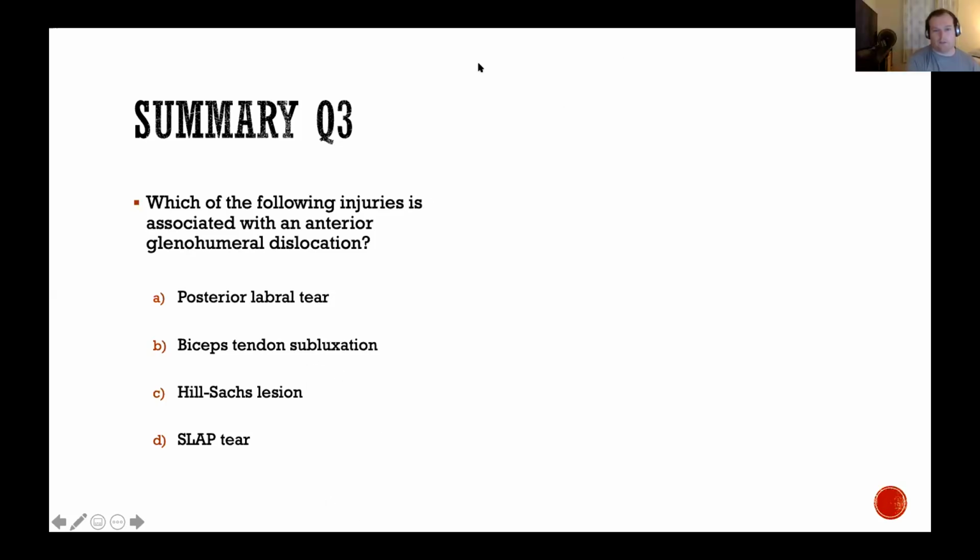And then finally, which of the following injuries is associated with an anterior glenohumeral dislocation? Posterior labral tear, a biceps tendon subluxation, a Hill-Sachs lesion, or a SLAP tear?